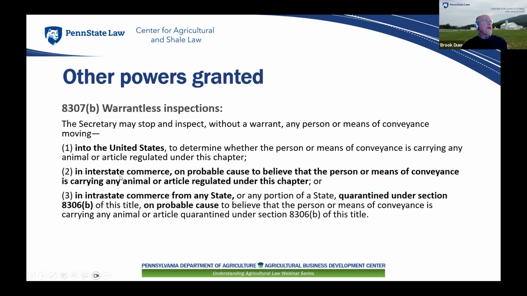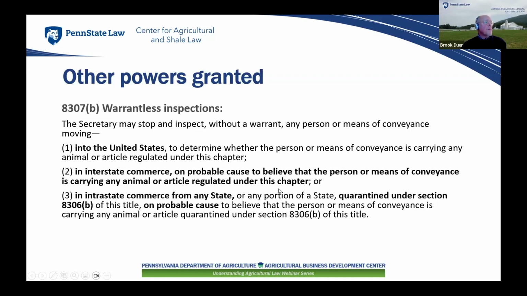And the standard is, actually there are 3 different reasons. And number 2 is on probable cause to believe that the person or means of conveyance is carrying any animal or article regulated under this chapter. Well, that doesn't even have to be that that animal has been exposed to the disease, for example.